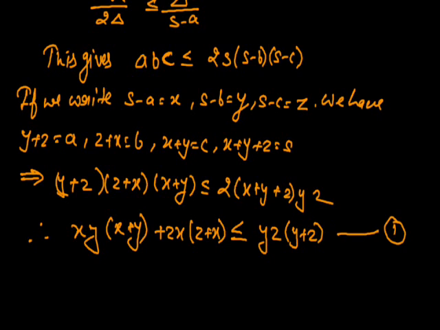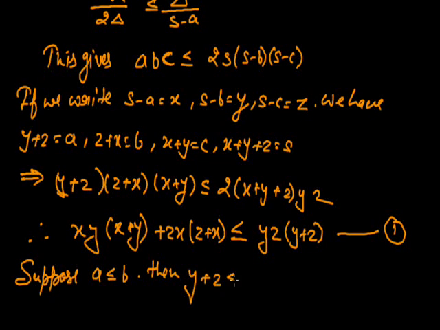Now suppose side a is less than or equal to b, then we can say that y plus z is less than or equal to z plus x by substituting the values of a and b, and hence we could say that y is less than or equal to x.